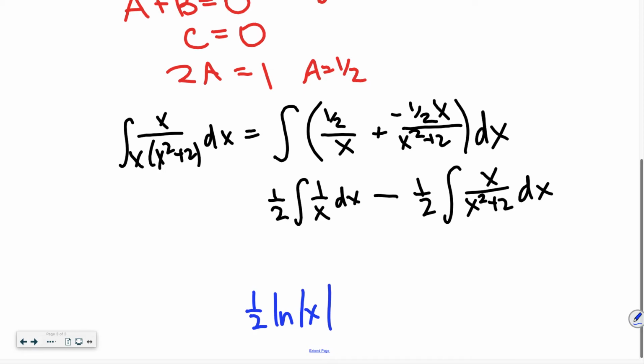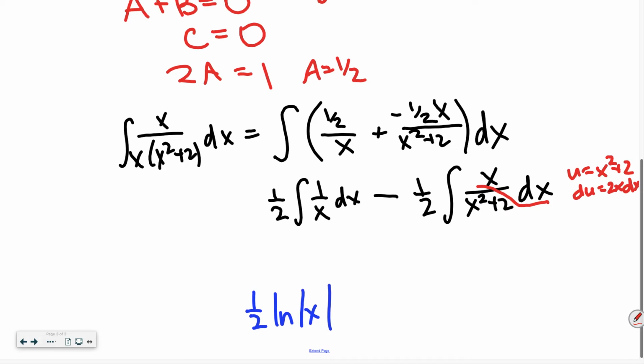Well, you could factor out another 1/2 because you can do u substitution. Okay, the second one we're going to have to do u substitution for, right? U is going to equal our denominator. Du is going to have to equal 2x dx. Well here's x dx, and we need a 2x dx.